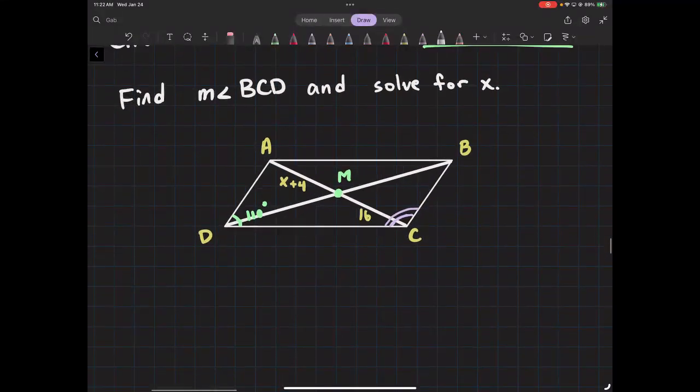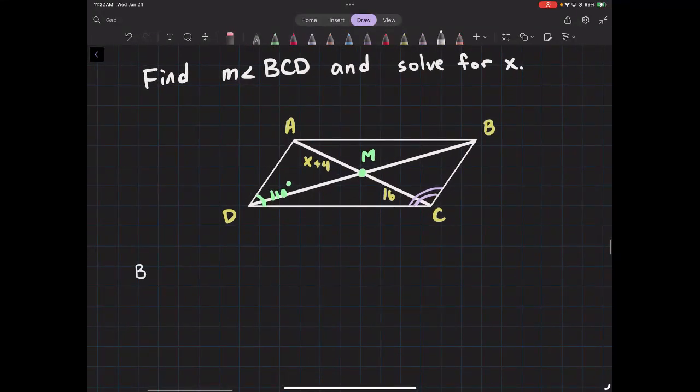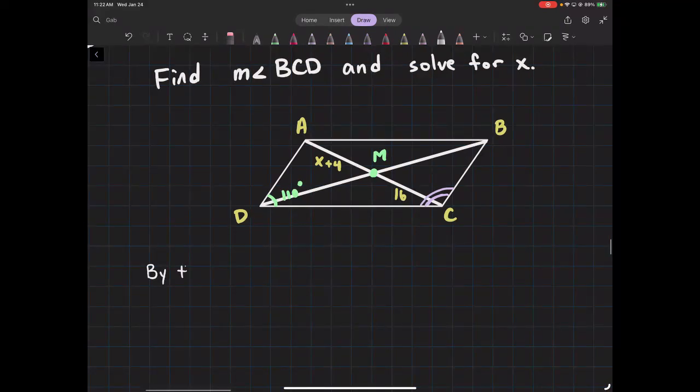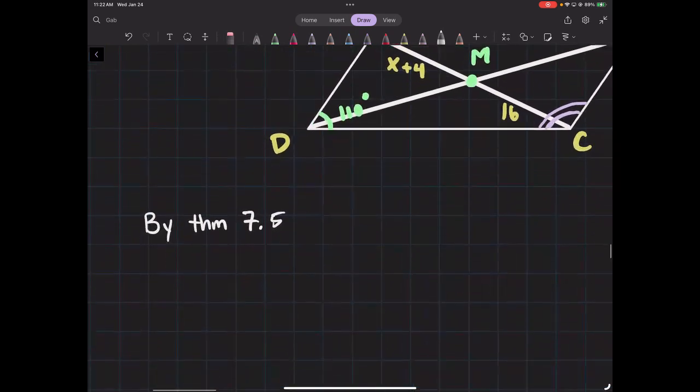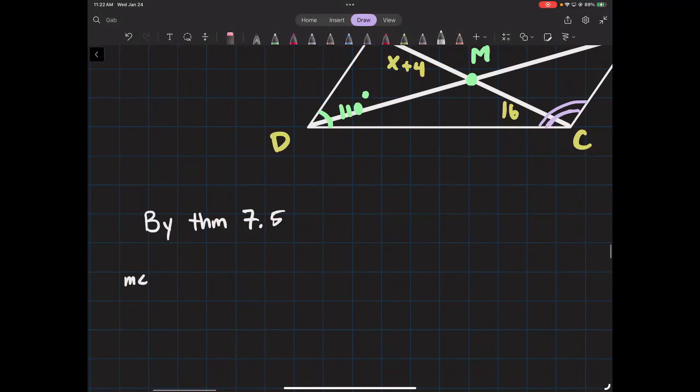So I'll say by theorem 7.5, measure angle ADC plus measure angle BCD is equal to 180.